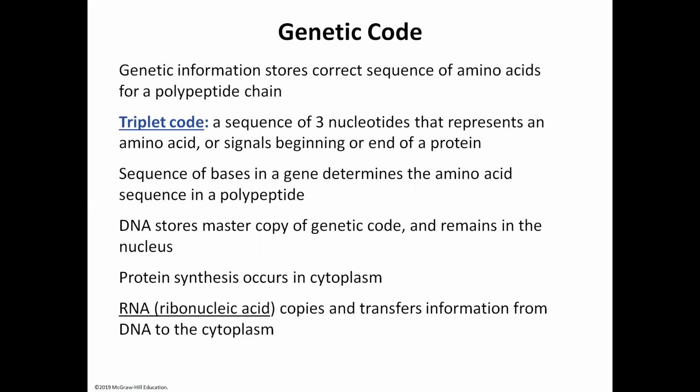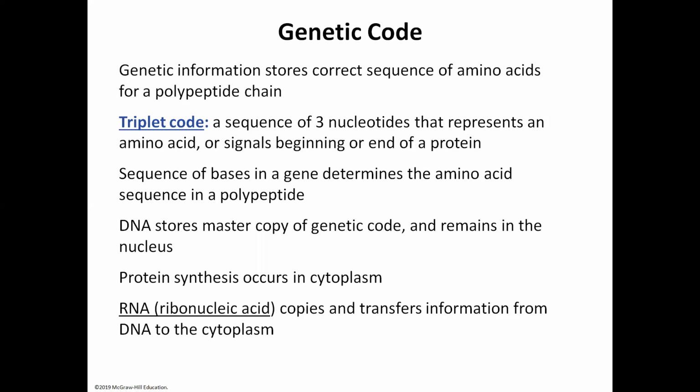And so the DNA itself actually stores this master copy of the genetic code, and it remains in the nucleus. So your DNA is always going to be found within the nucleus. But the protein synthesis actually occurs in the cytoplasm, on the ribosomes in the cytoplasm. If you remember that we talked about ribosomes helping us to make proteins, this is where that information becomes so important.